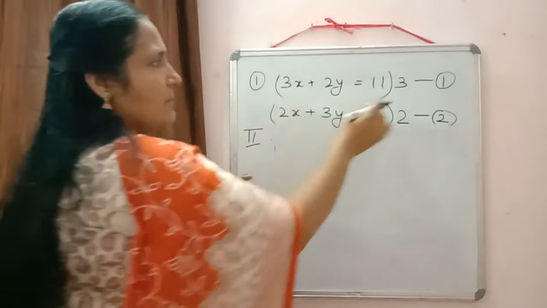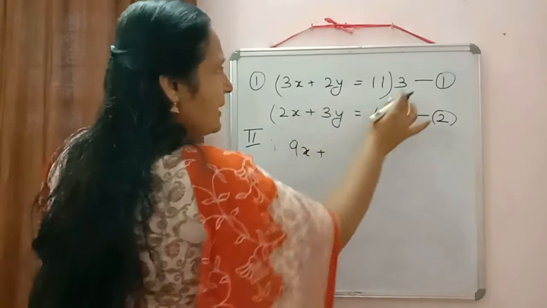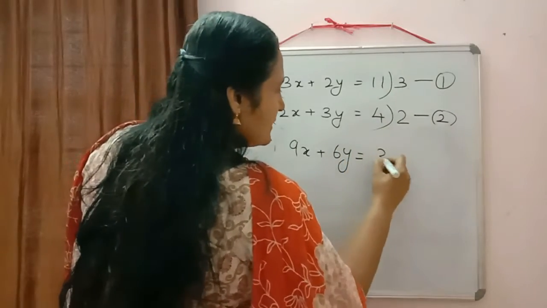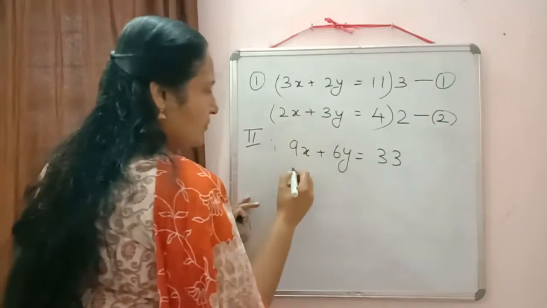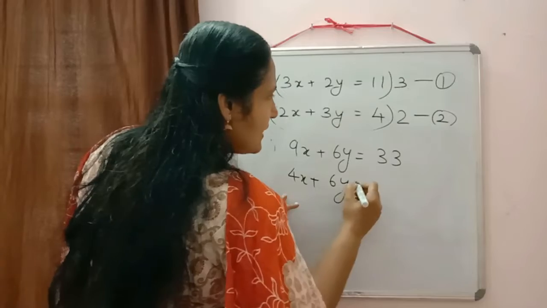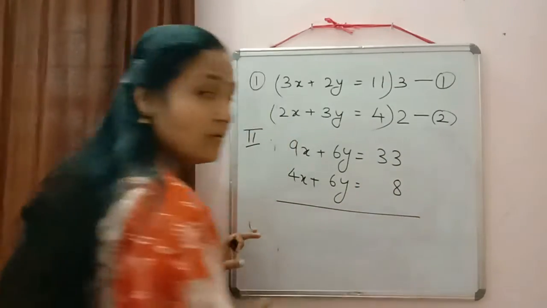Now, what will come after multiplication? 3 into 3, 9x plus 3 into 2y, 6y is equal to 33. And your second equation will become 2 into 2, 4x plus 3 into 2, 6y is equal to 4 2s are 8. Now what will we do?